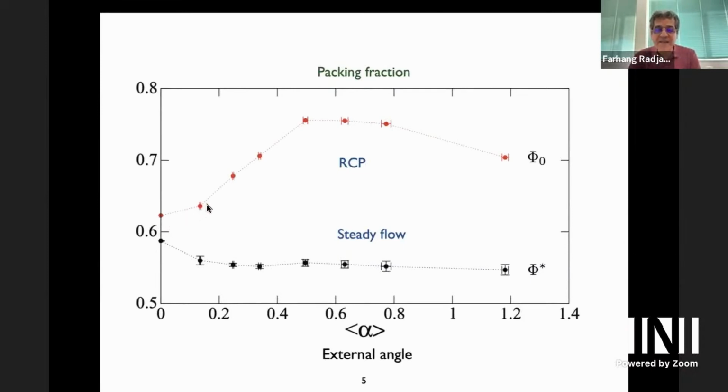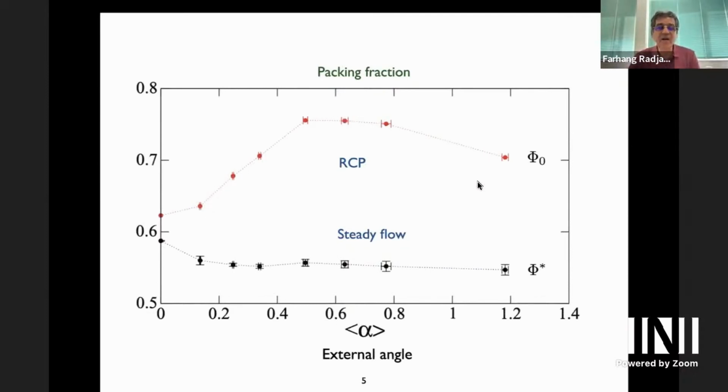Then it increases as we deviate from a spherical shape by transforming the sphere into a polyhedron with a large number of faces. It increases and then it decreases again.